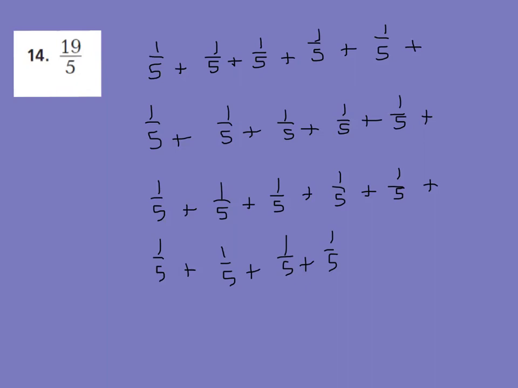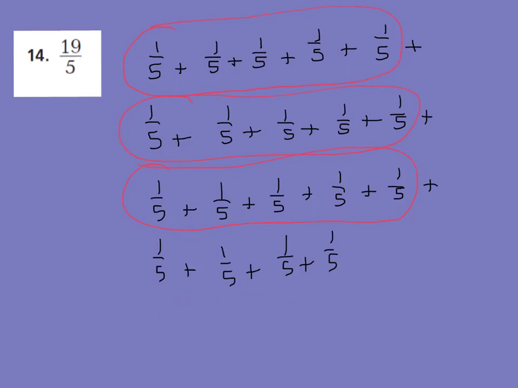Okay, for this one, you should have seen that you have to create a whole to be 5/5. So we need to group 5 of these 1/5. 1, 2, 3, 4, 5. 1, 2, 3, 4, 5. 1/5, 2/5, 3/5, 4/5, 5/5, and I cannot create 5/5 down here.